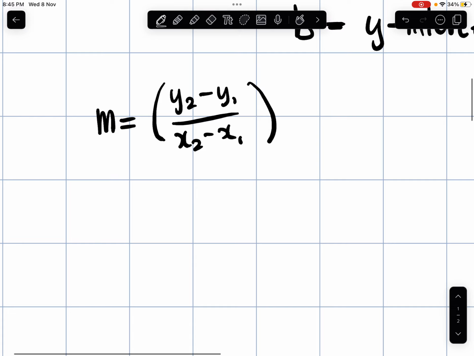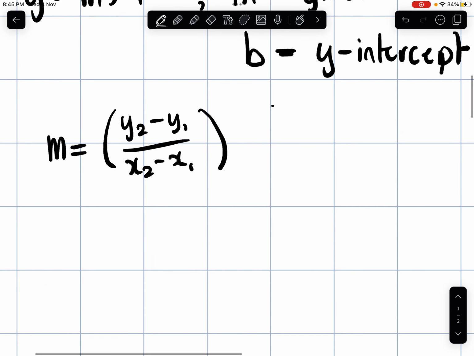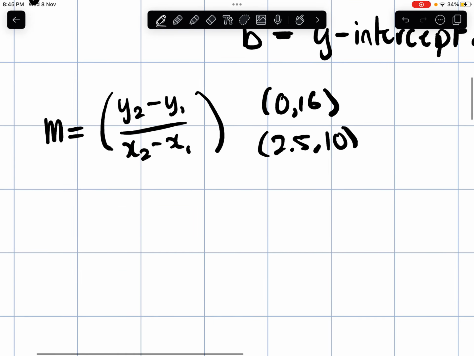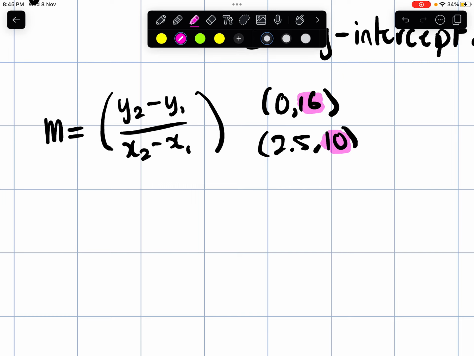So let me just put the coordinates here from up there. So we'll say this is going to be our y2 and our y1, and this is going to be our x2 and our x1, okay?